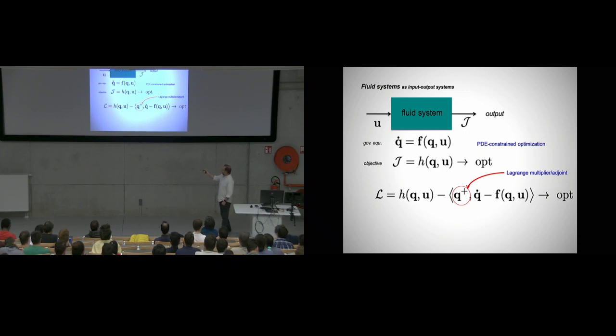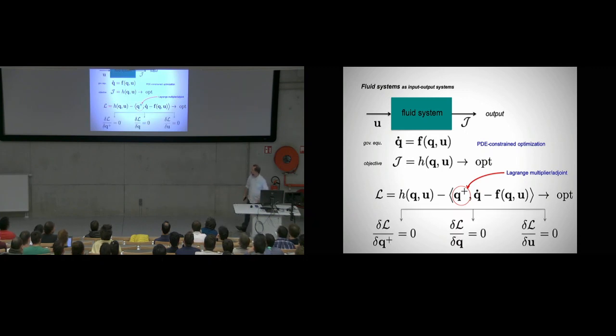Now, this works exactly the same way here. We take the first derivative, but since we're not taking a derivative with respect to an independent variable, we take it with respect to a function. We have to take variations, but it's the same idea. So I take dL/dQ plus, dL/dQ, and dL/dU.